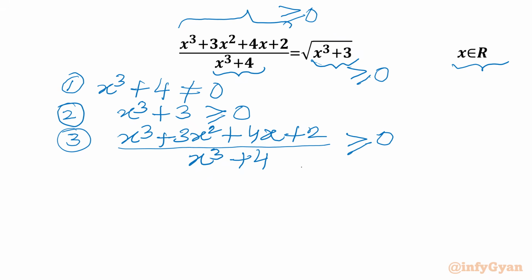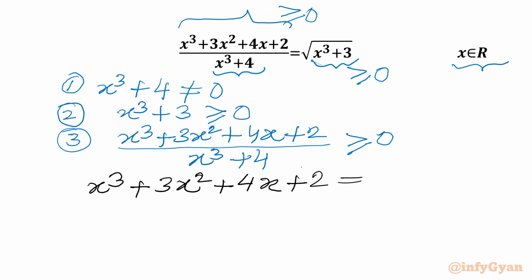Now we will cross multiply and get equation x cube plus 3x square plus 4x plus 2 equal to x cube plus 4 times the square root of x cube plus 3.